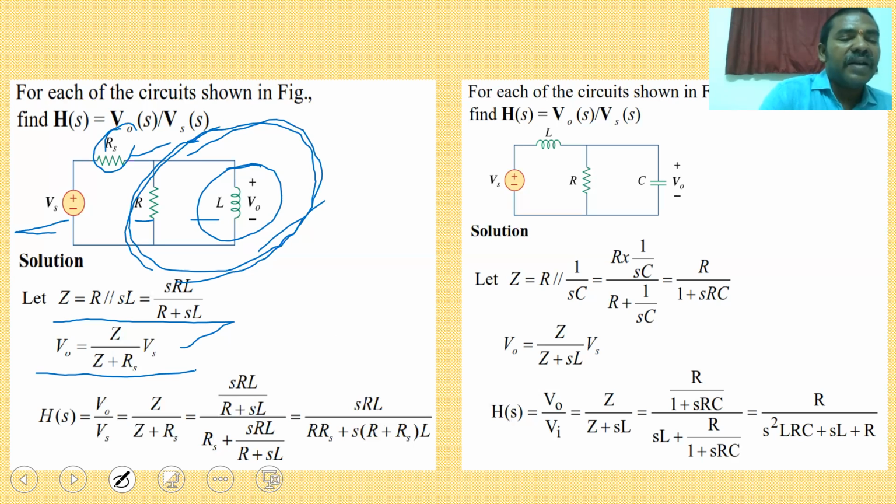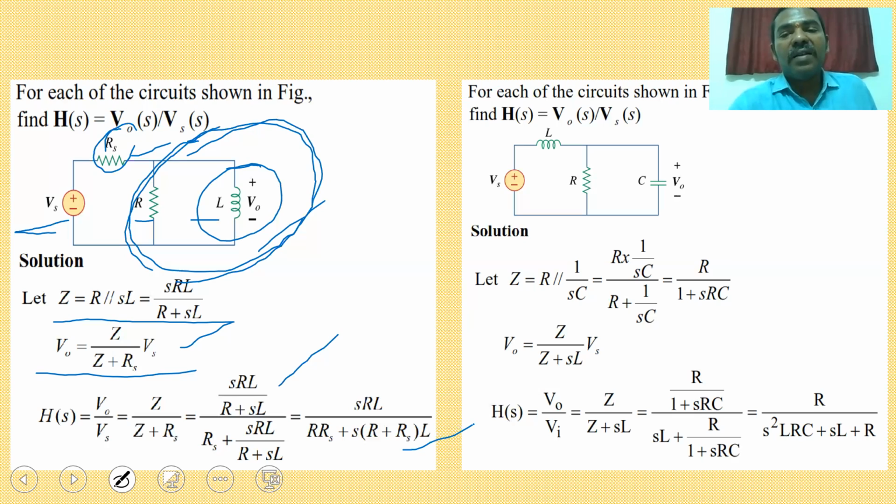What is Z? sRL divided by (R plus sL), so finally you can get sRL divided by (R Rs plus s(R plus Rs)L). Like this we have to find the transfer functions.